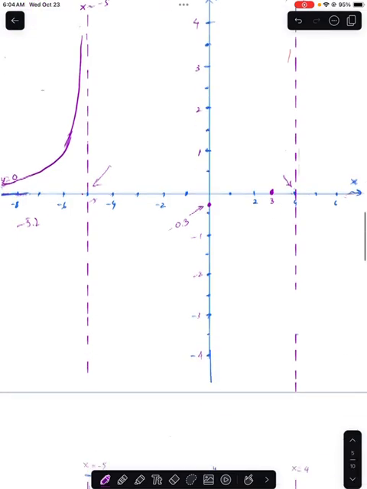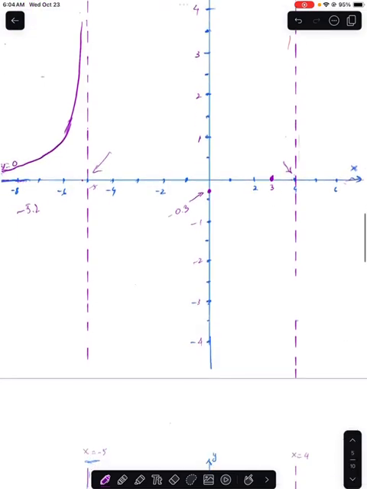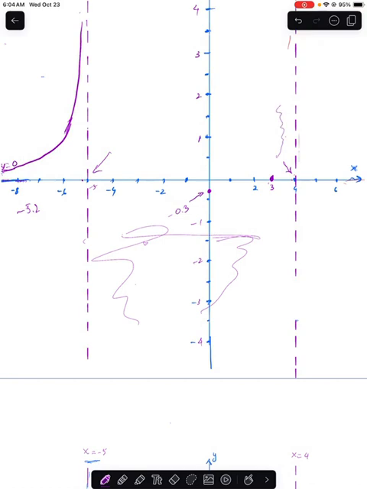So how should the graph be? In this region, the graph is below the x-axis, over here below the x-axis, but from 3 onwards, 3 to 4, it is above the x-axis. So how can we figure out how the graph will look? Well, if it is going to be below the x-axis, then it should hug the asymptote.